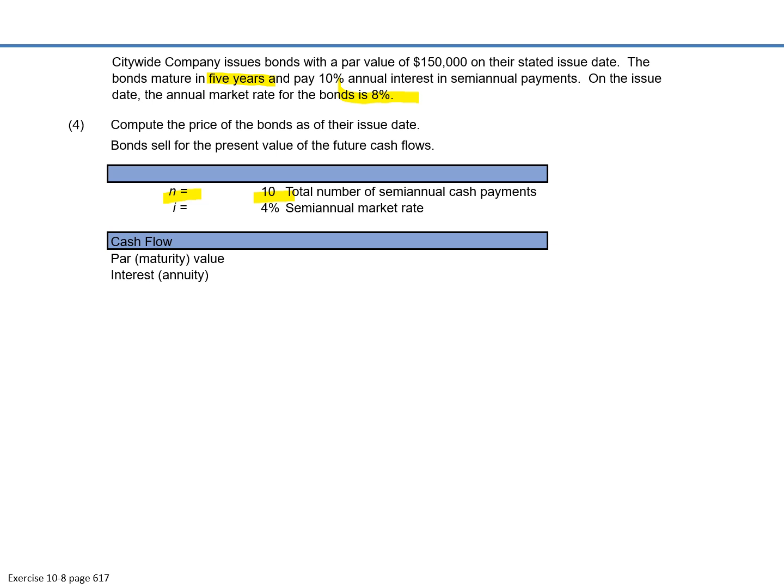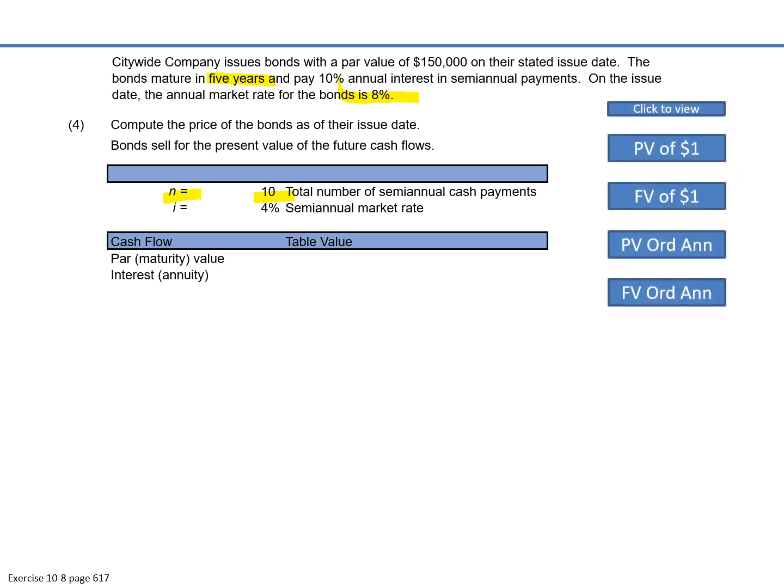When we look that up in the present value of 1 for the par value amount, we're going to find that the $150,000 par today is worth $101,340. Because when we look up N equal to 10 and I equal to 4% in the present value of 1 table, we're going to get 0.6756.